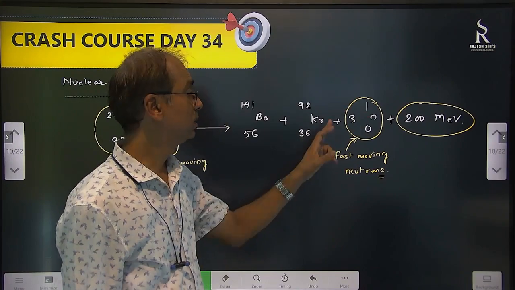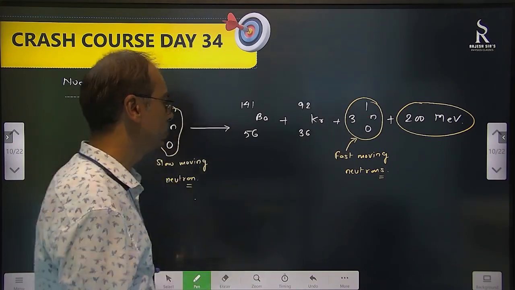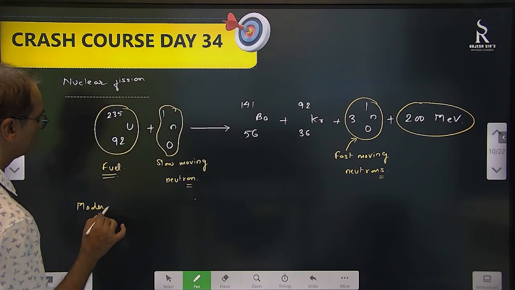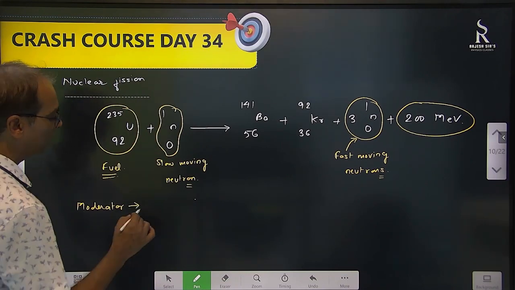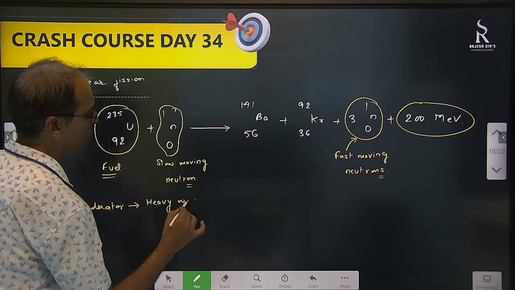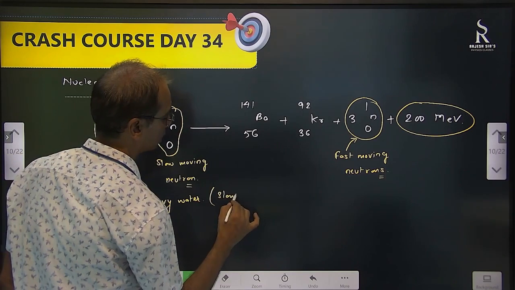But these are fast moving neutrons. So what do we have to do? We have to slow them down. So we use a moderator. Moderator is there to slow the neutrons. And what is the moderator? Heavy water. This is the moderator. It slows neutrons.